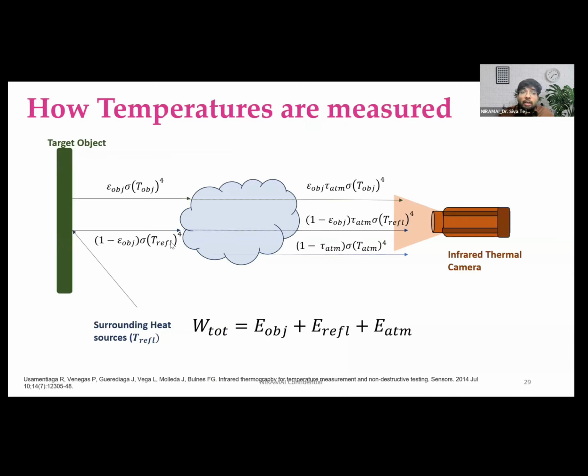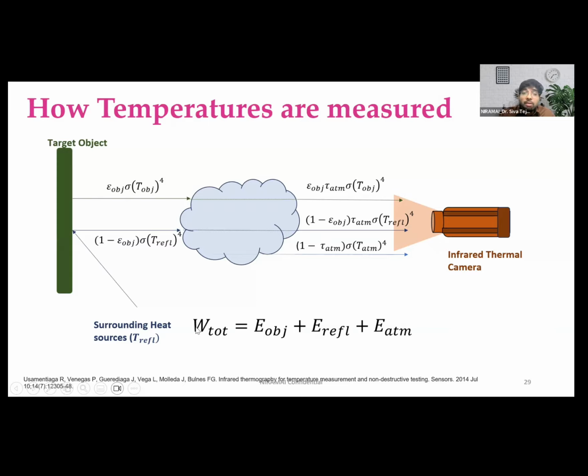So how does it happen? As we said, every object emits long wave infrared radiation. The thermal camera collects all the energy that is emitted. We typically get three types of energies. One is the radiation emitted by the body, the target object. One is, if there are any surrounding heat sources, the reflected temperature that comes in. And the other one is the atmospheric energy.